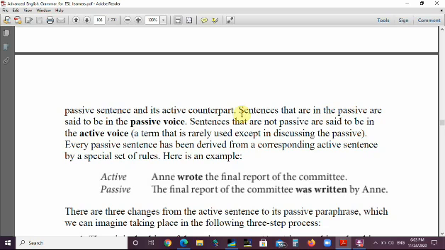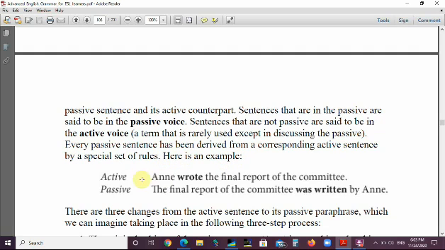Sentences that are in the passive are said to be in the passive voice, and the ones in the active are said to be in the active voice. The term voice, active voice or passive voice, is rarely used except in discussing the passive. Every passive sentence has been taken from a corresponding active sentence by a special set of rules.